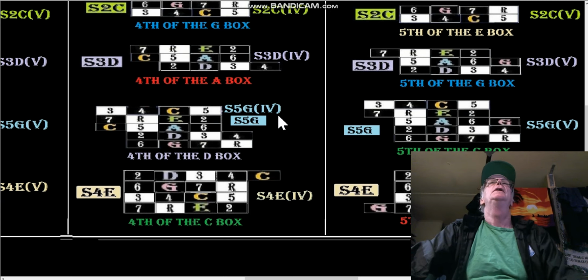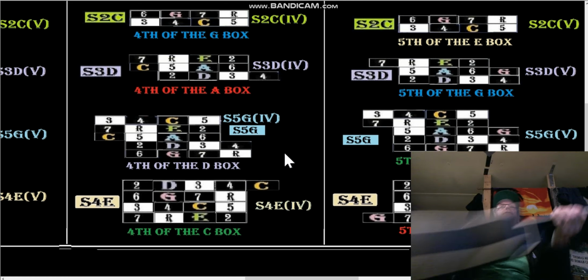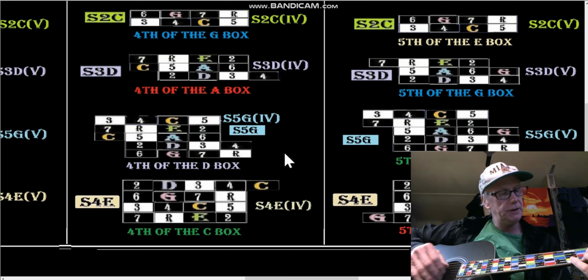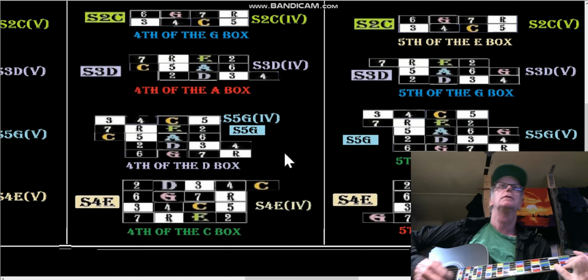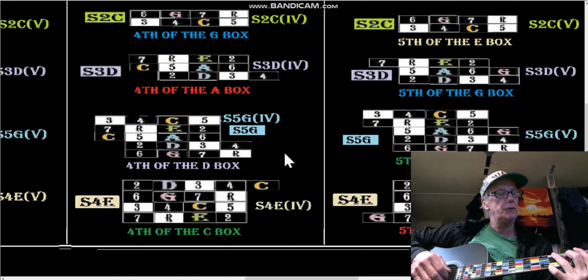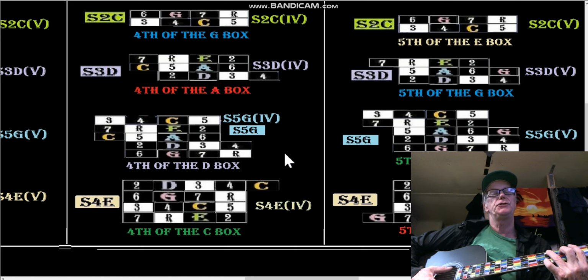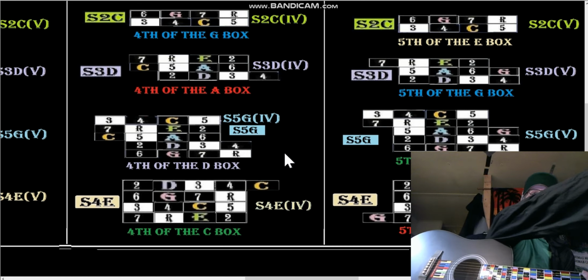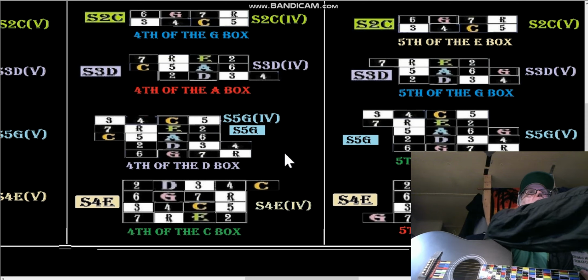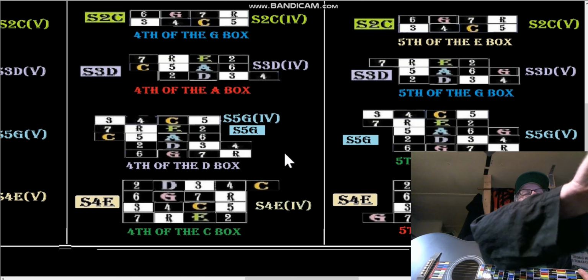So let's see, fourth of the D box here. Let's say we've got a D-shaped C here in the D box. We're going to go to that G shape for the fourth, which is our F, if it's the key of C. Where is our arpeggio in F? That's going to go root, 3, 5, root, 3, 5.